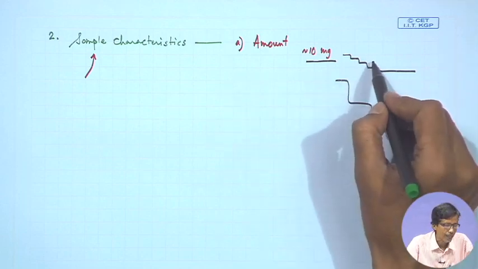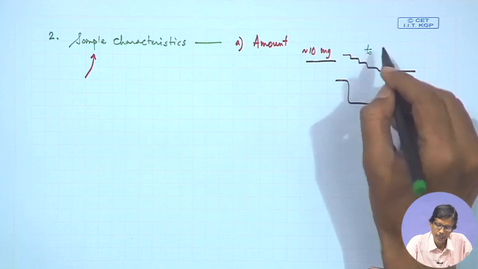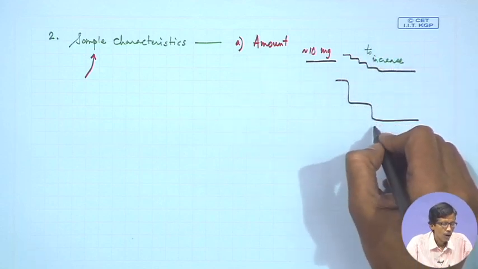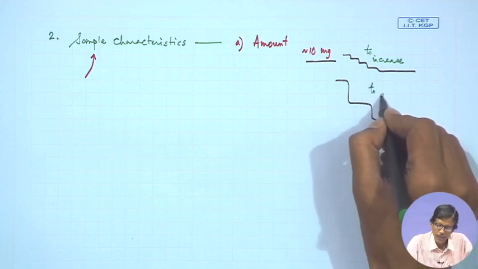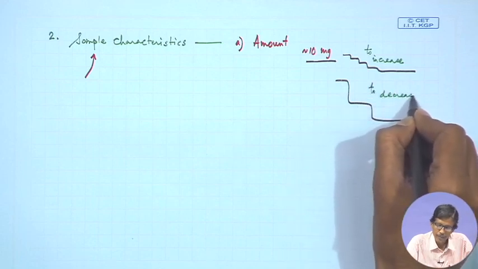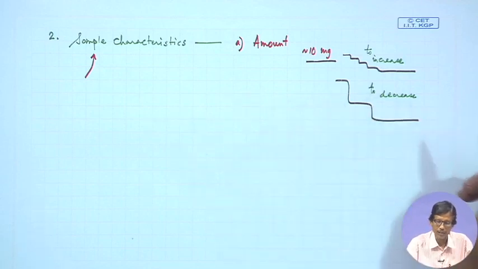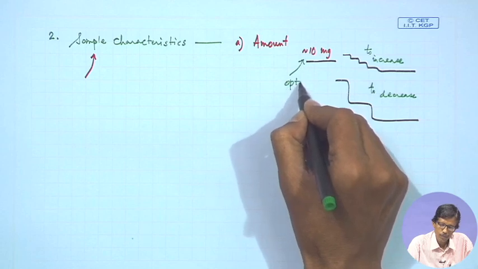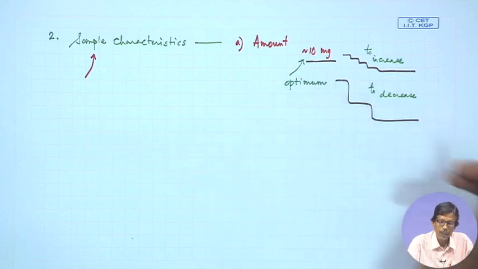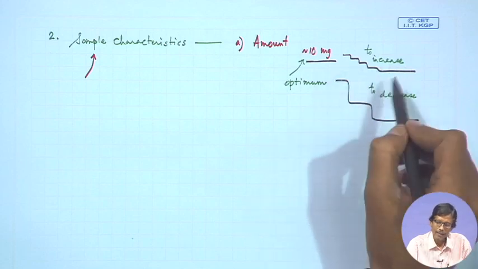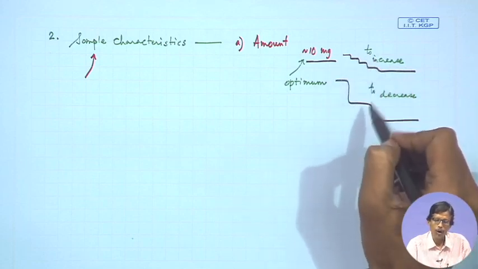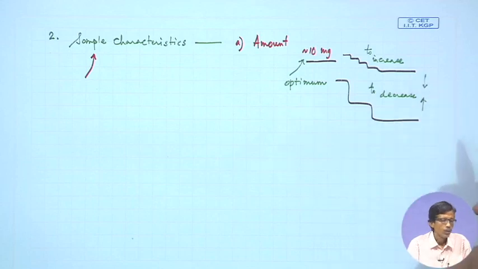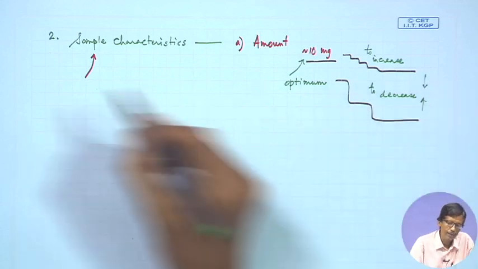If the plot is like this, we have to increase the amount of sample to be taken, and if the plot is like this, we have to decrease the amount of sample to be utilized. So, this optimum amount is important to get a reasonable plot which will be in between, neither this nor that. So, an in-between plot we should get.